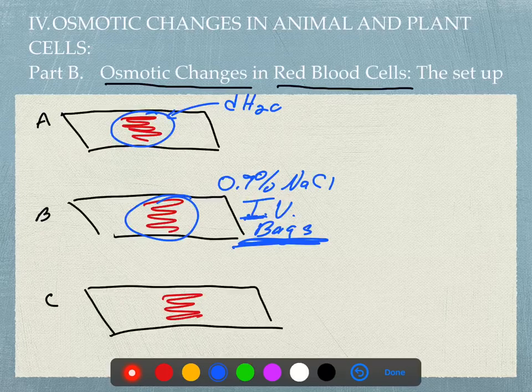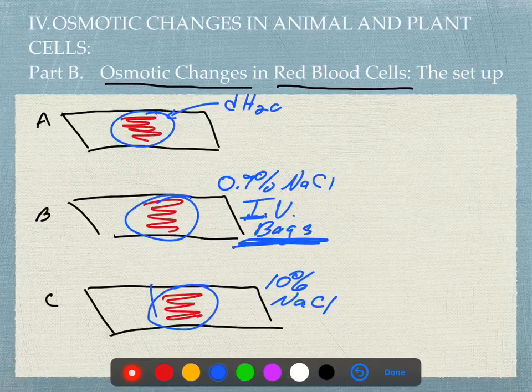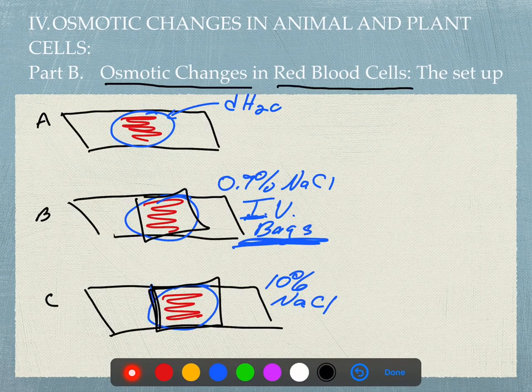What if you delivered the wrong concentration of fluids? What's going to happen to their red blood cells? Okay, keep thinking about that. The third slide would have 10% sodium chloride. And then you would have put your cover slip on top, and you would have looked at them under the microscope.